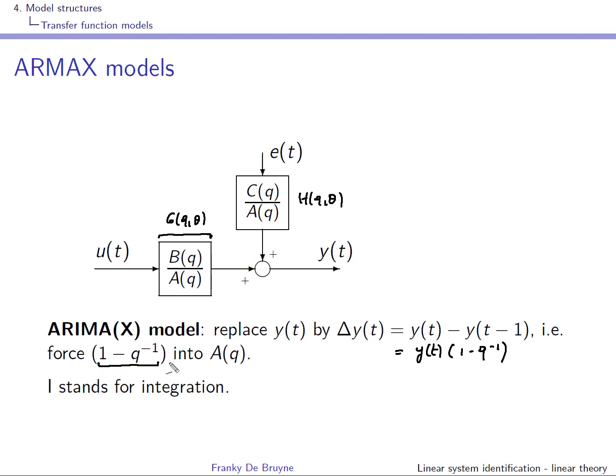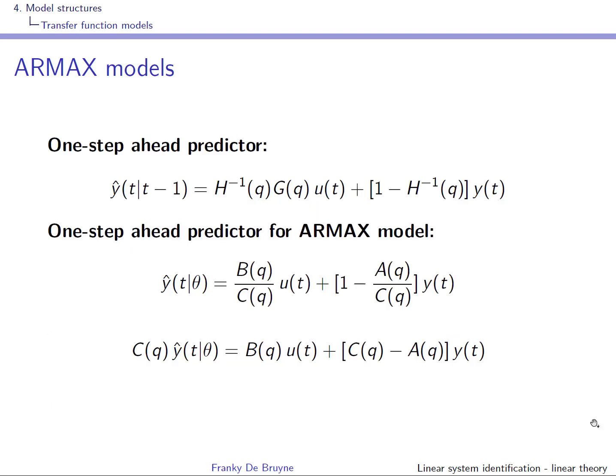So you'll have a factor (1 minus q^-1) in the polynomial A(q), and I said integrator, so this explains the I that is appearing over here. And this is something you have used, a model that is close to that, in the course of model predictive control of my colleague Thomas Museur.